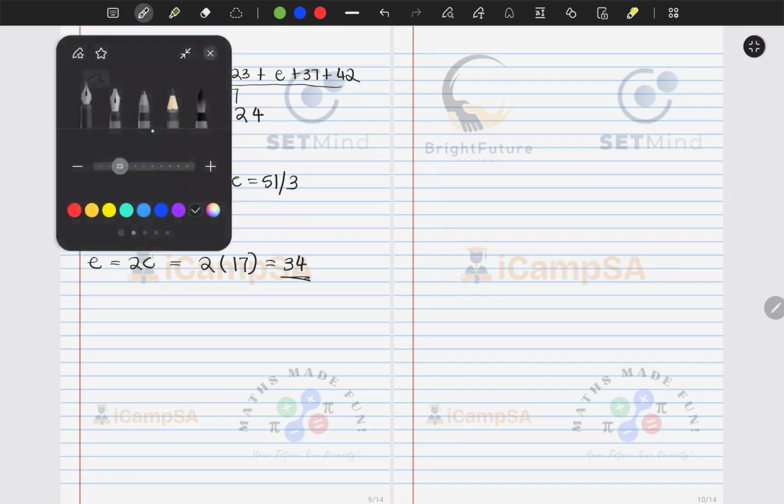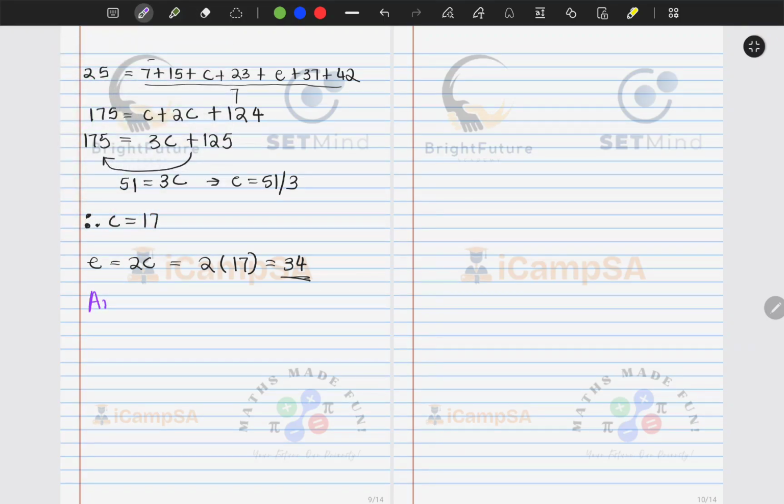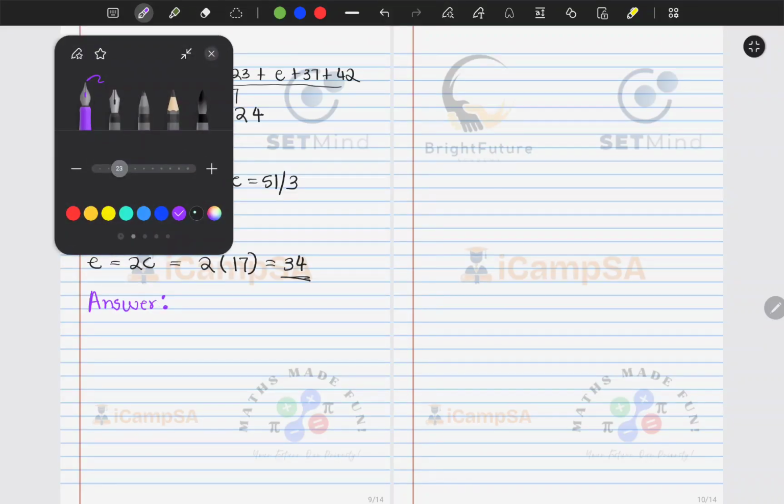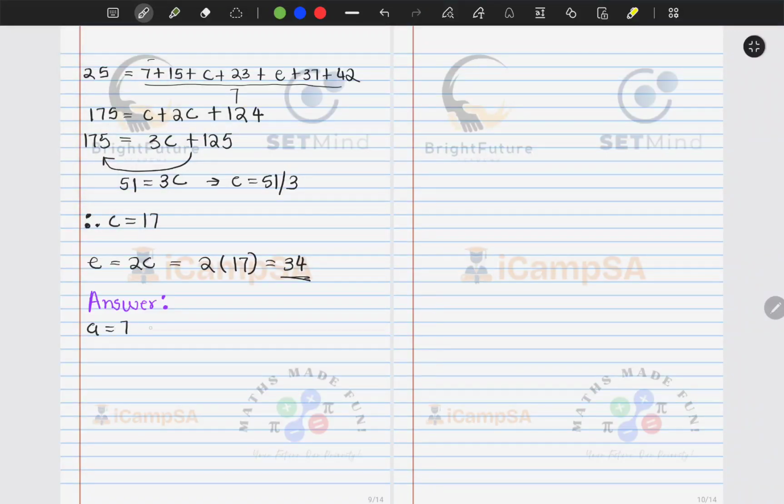So let's quickly note them down in summary here. So this was a very easy statistics problem, guys. I hope that you were able to answer it clearly. So if you observe carefully, A we found as 7, B we found as 15, C we just found now as 17, D the median was 23, and then E is 2 times C, which is 34, and then F is 37, Q3, and then G, the maximum, is 42.